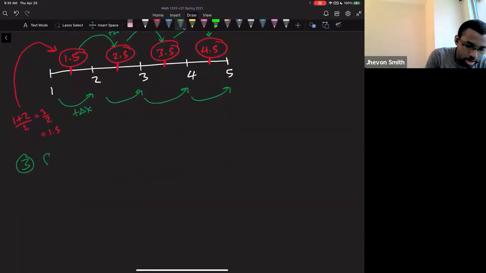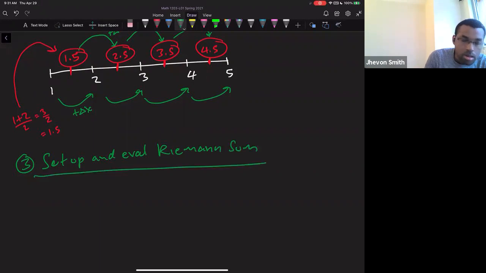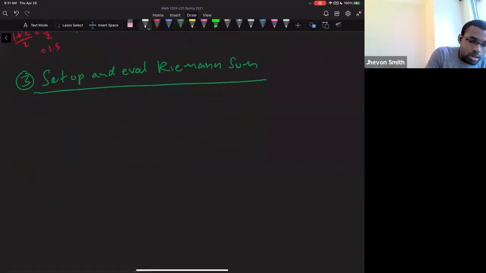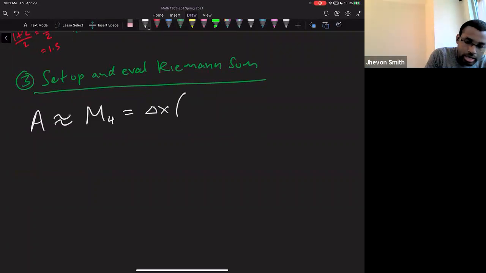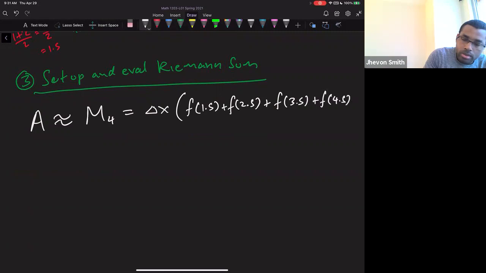Of course, step 3, now you set up the Riemann sum. Of course, you're going to evaluate. So now our area, approximated by the midpoint rule with 4 subintervals, well, that's going to be delta x times f of 1.5, f of 2.5, f of 3.5, f of 4.5.